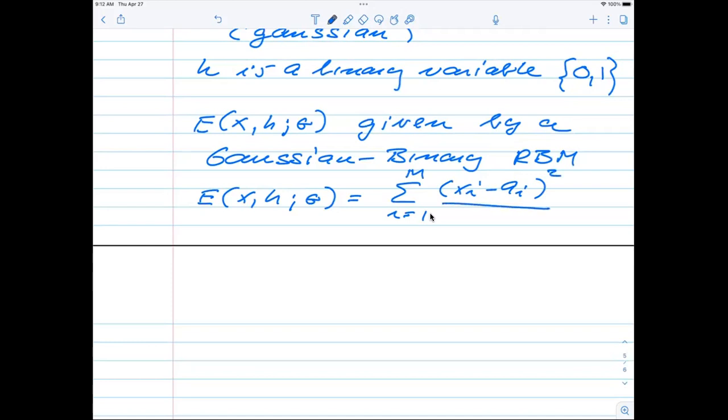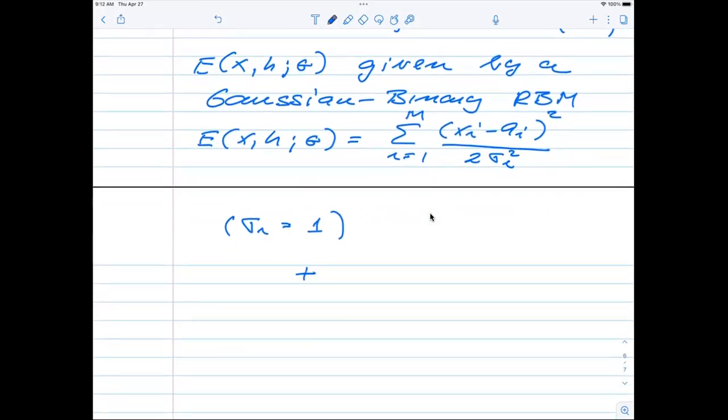Now, this is often written in terms of the variance. But since we don't know the variance, it's common to actually put that quantity to just 1. So it's common then to just put this sigma_i equal to 1 here.